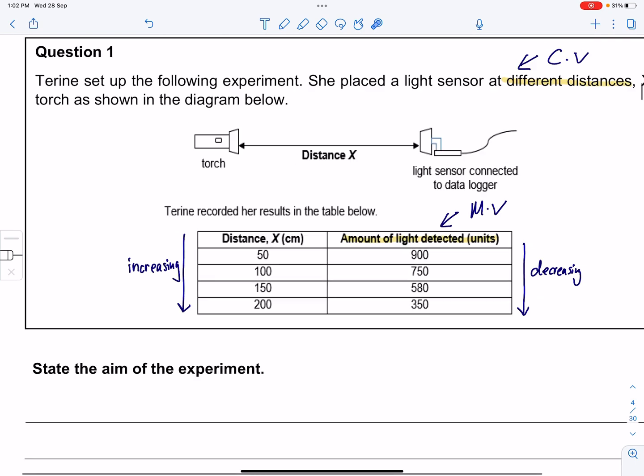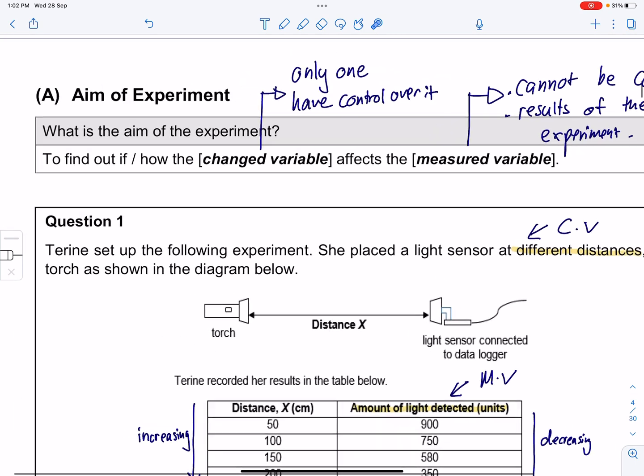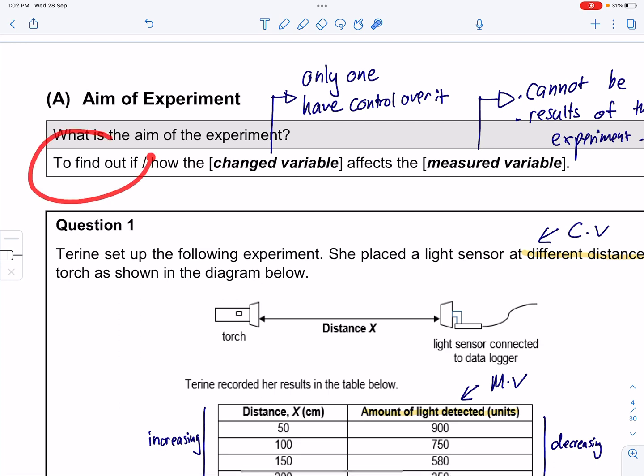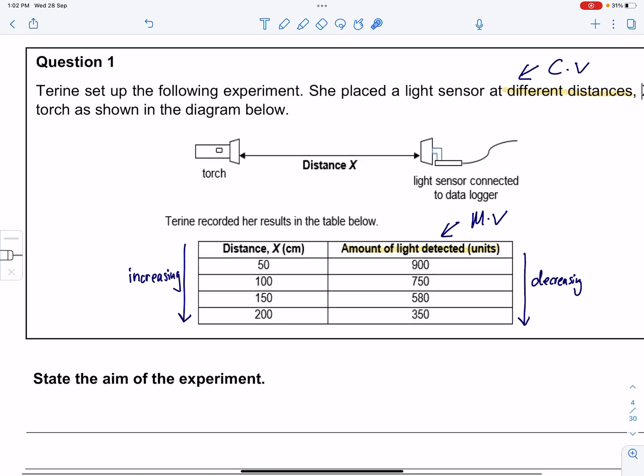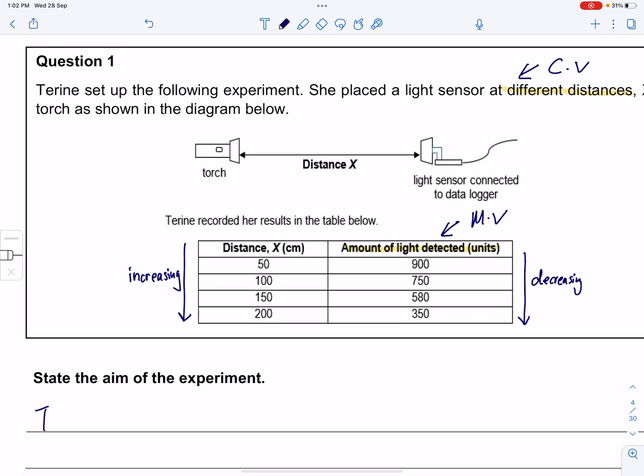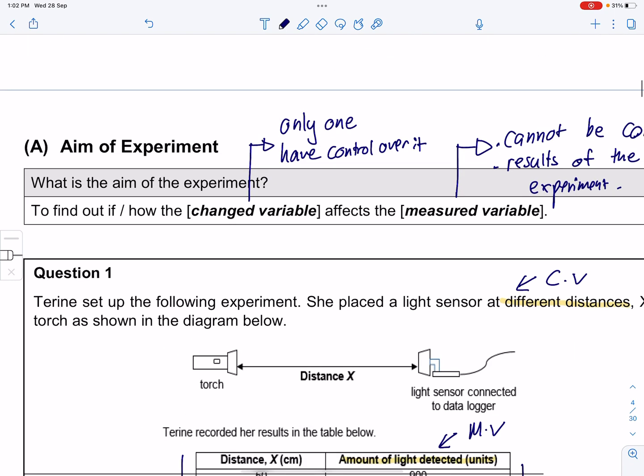So what is the aim of the experiment? What we would do is follow this whole structure. So it is to find out if the distance x, okay, what does it say?